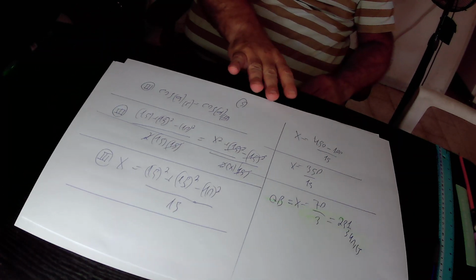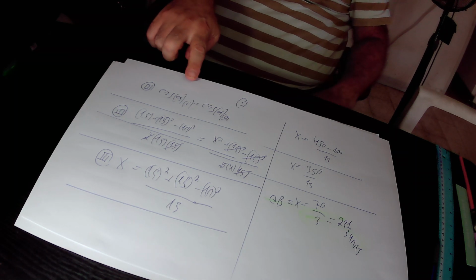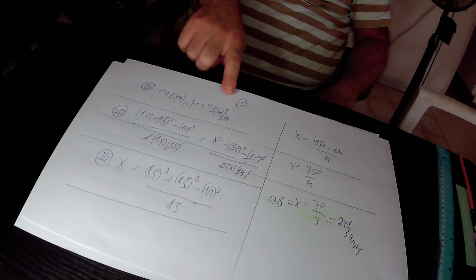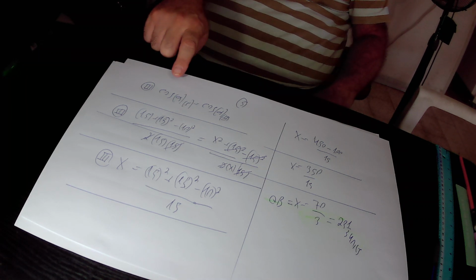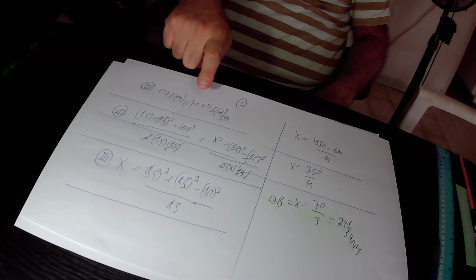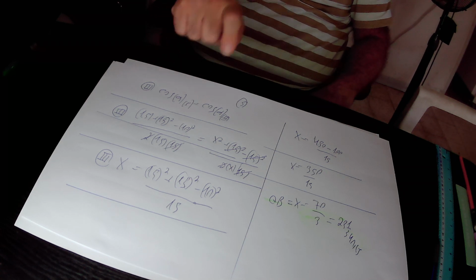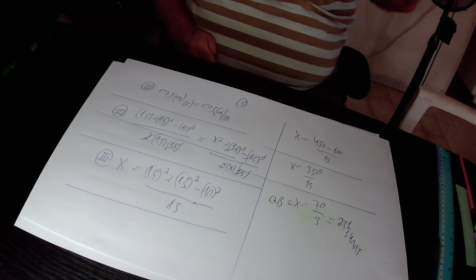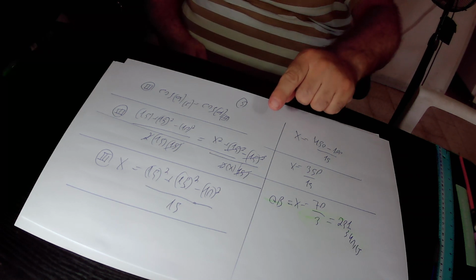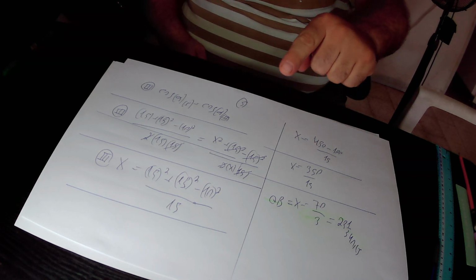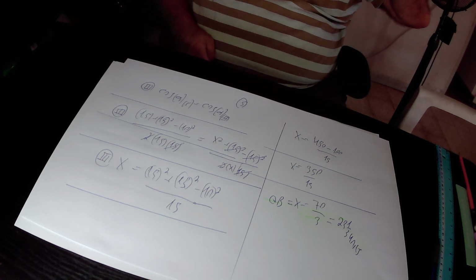So cosine alpha according to equation 1 equals 15 squared plus 15 squared minus 10 squared over 2 times 15 times 15, and it must be equal to cosine alpha according to equation 2, which equals x squared plus 15 squared minus 15 squared over 2 times x times 15.